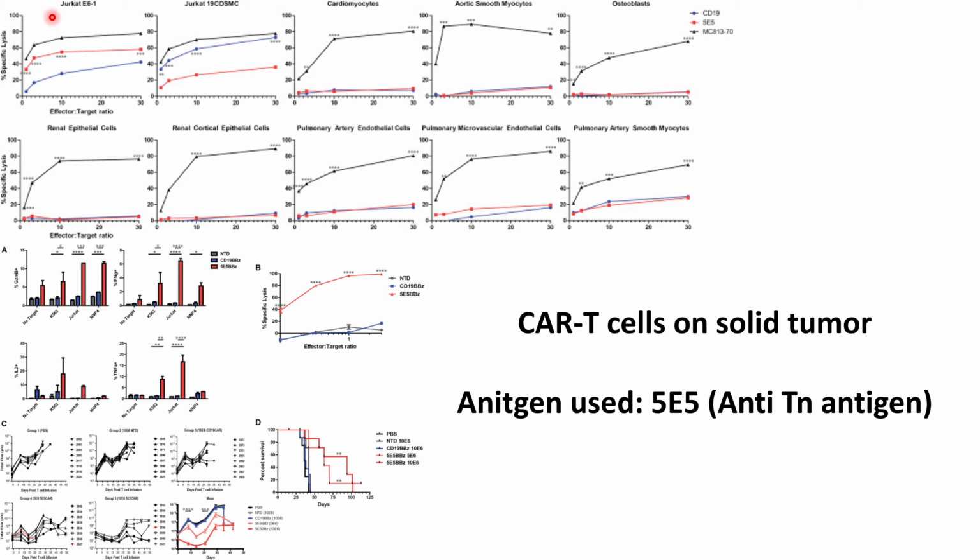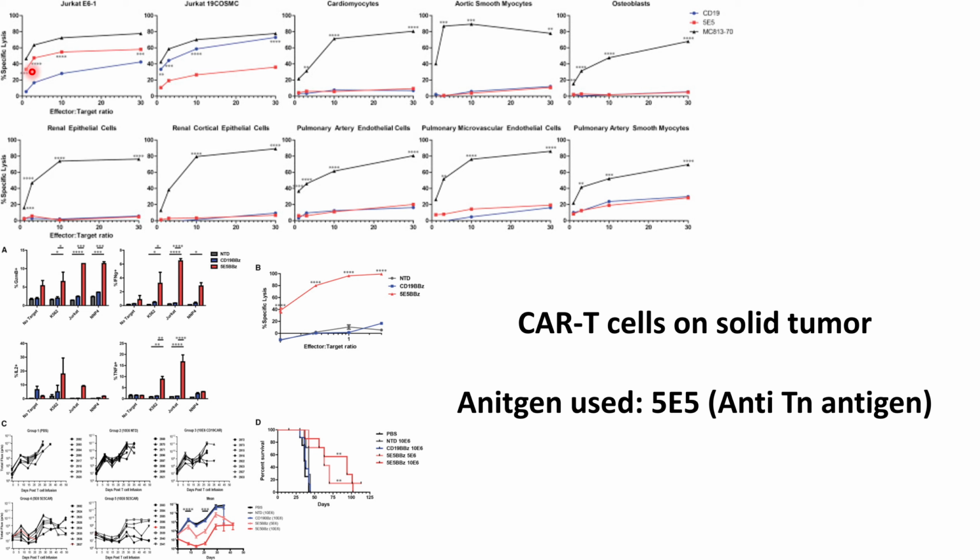What they have found is that in Jurkat E6.1 and Jurkat Cosmc cells, they measured the CAR T cell effect in terms of cell lysis.